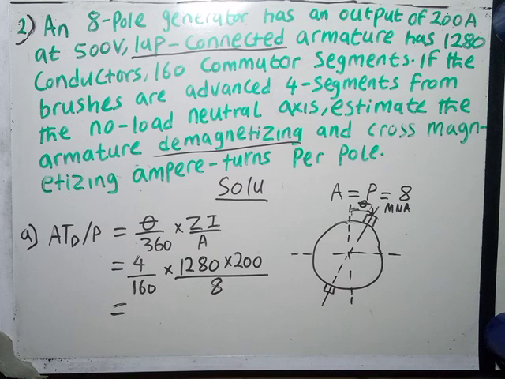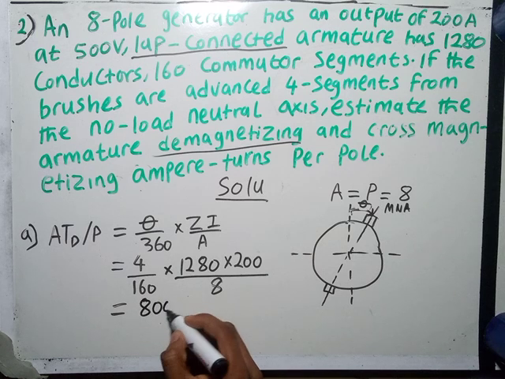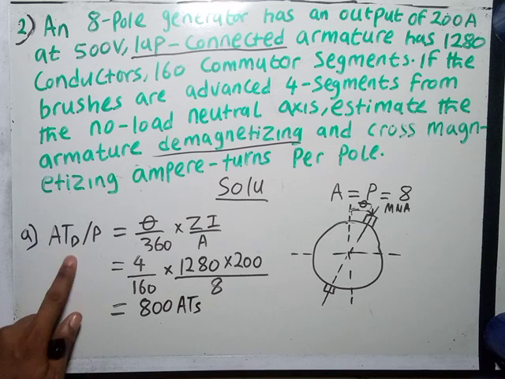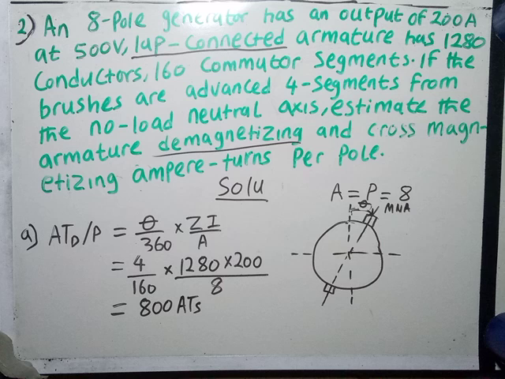Now, solving with the calculator, we have that our answer is 800 ampere turns. So this is for our demagnetizing ampere turns. We have gotten that part.